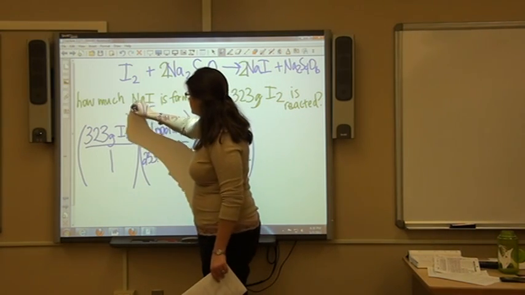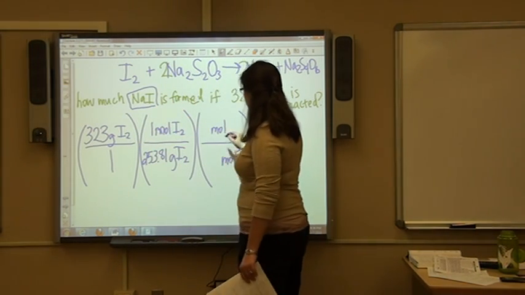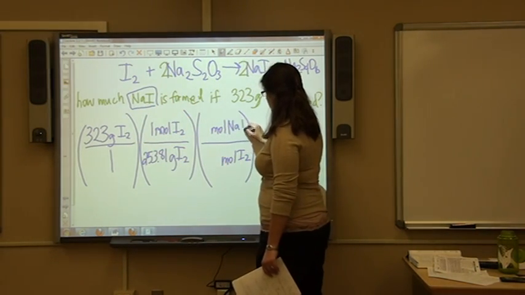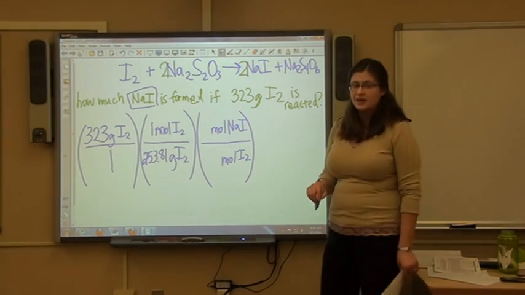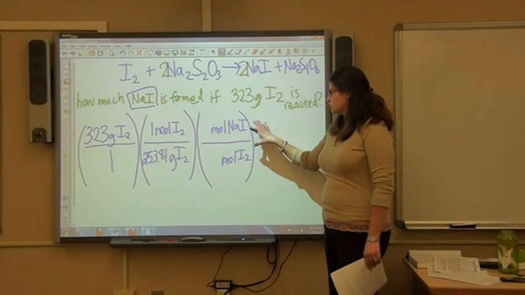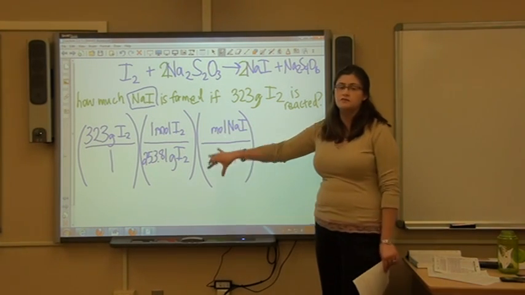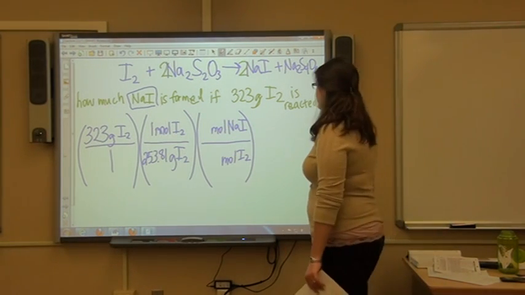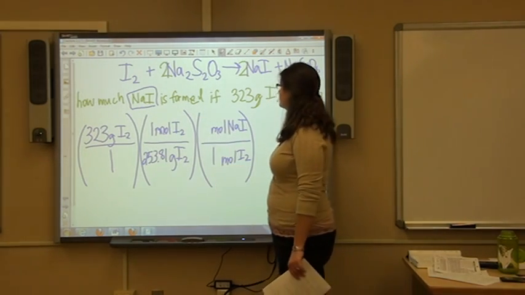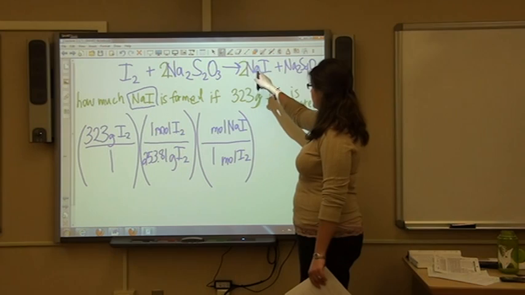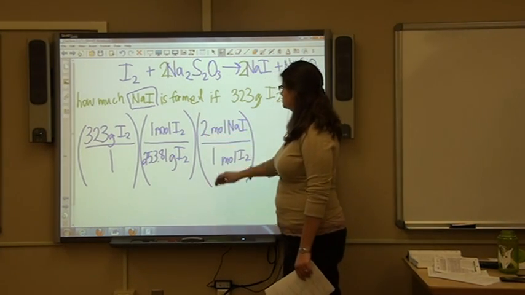It's the other thing that's asked about in your question. NaI. Okay, now I would suggest that you put your units here first and then fill the numbers in. Okay, so I2 has a coefficient of 1. And NaI has a coefficient of 2.